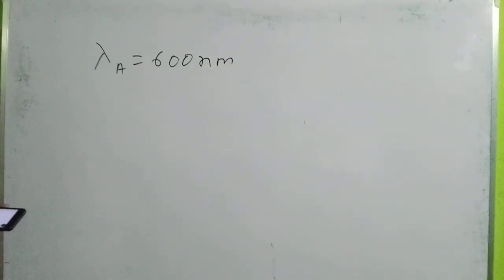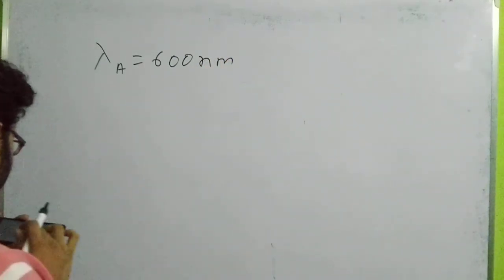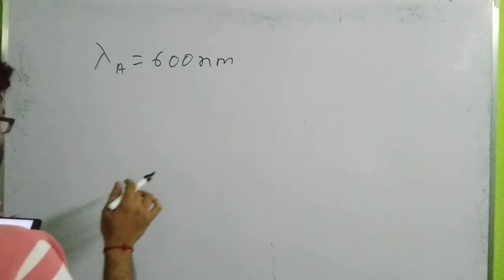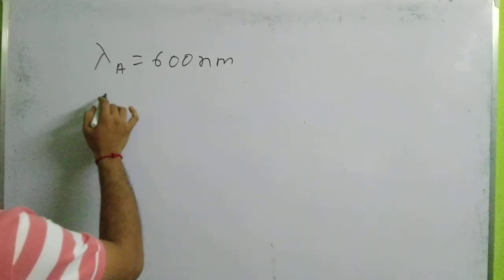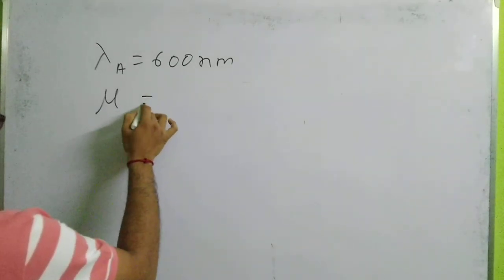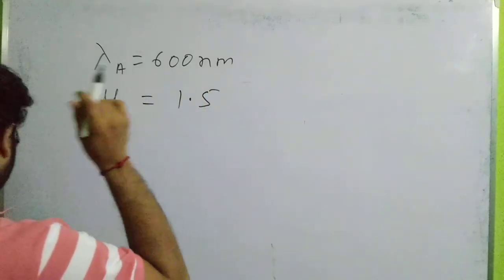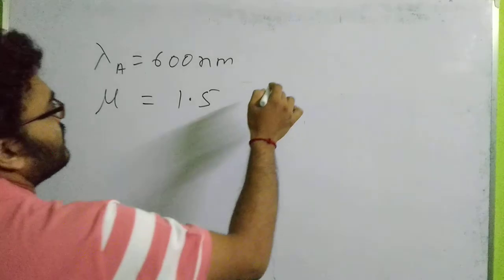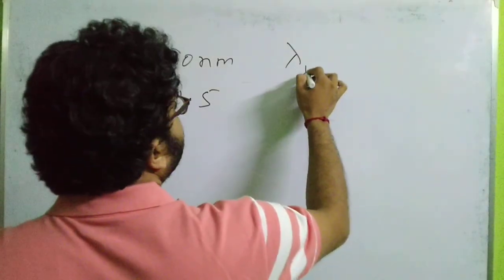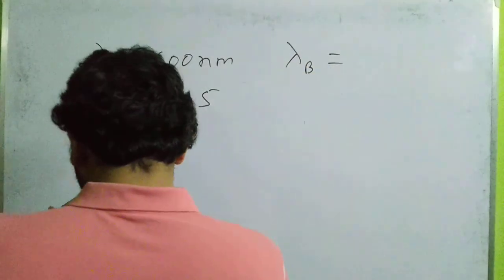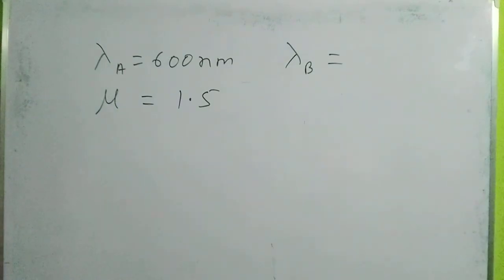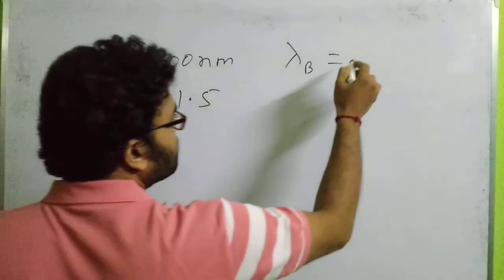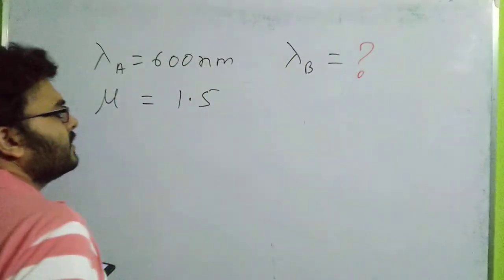The refractive index of the medium B has been given as 1.5. Now what you have to find out is the wavelength in medium B. So this is our required.